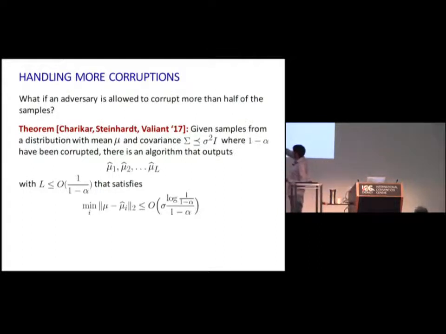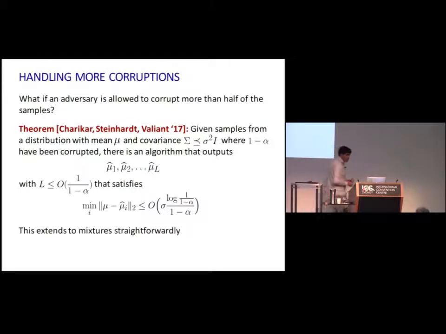And it has the property that whatever the true mean mu is, there's at least one element of your list that's close. So this is a list decoding guarantee that even when an adversary can corrupt 90% of your data, you can spit out a list of 10 hypotheses with the promise that at least one of those is close to the true answer. What's nice about this is that it straightforwardly extends to things like mixture models.